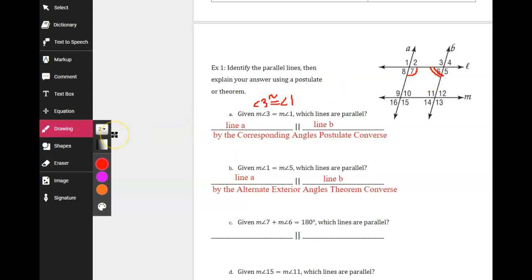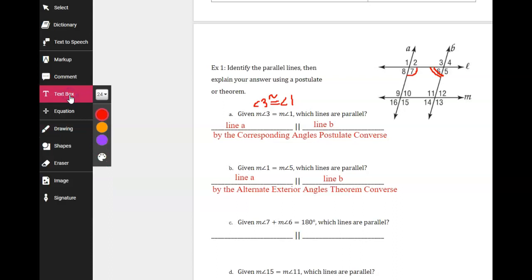So notice how I didn't mark them with the same number of arcs? That's because angle 7 and angle 6 are not congruent to each other. They add together to give us 180 degrees, which means they are what?